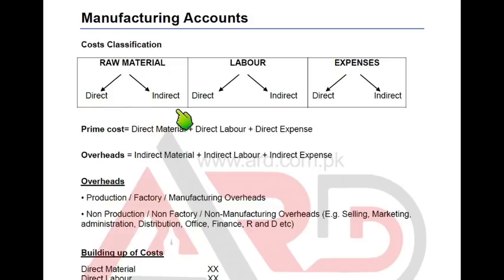Similarly, cost that cannot be traced is known as indirect material. If we ask a carpenter how many nails or screws he will be using in a particular type of chair, what will be his answer? His answer will be that he has never thought of how many nails he is using, and he actually does not keep a record of how many nails he is using in a particular type of chair.